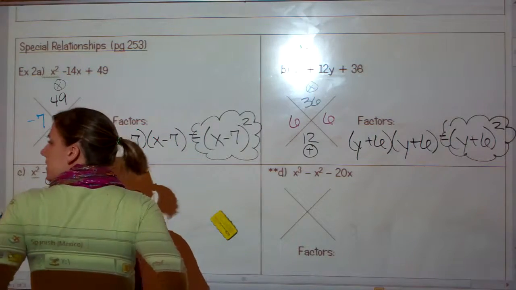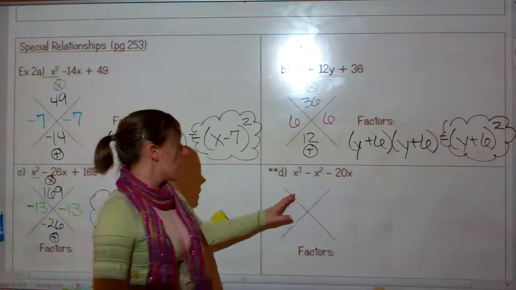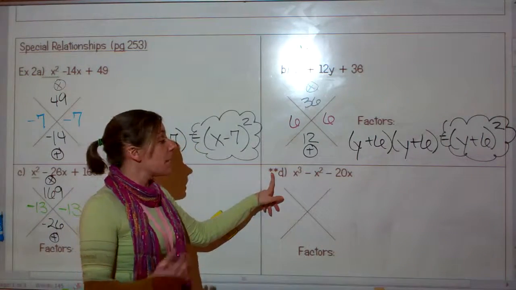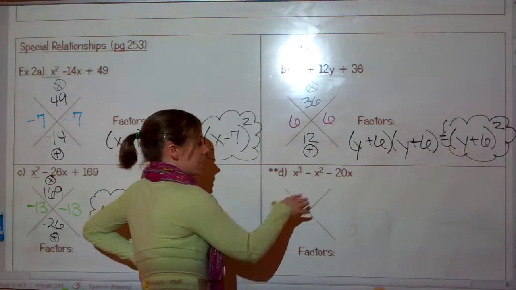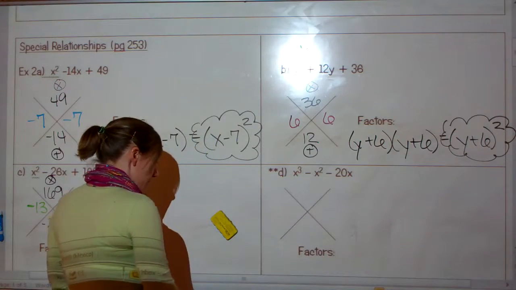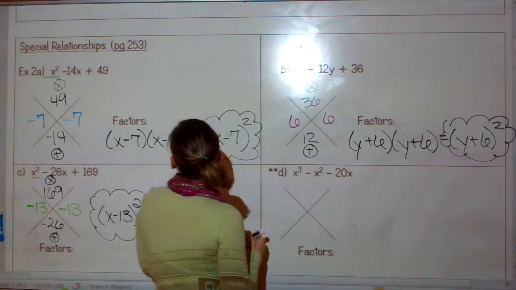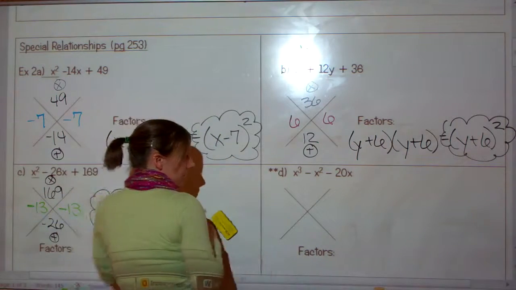Alright, then the last one. I put stars by it because you want to look carefully, and we're going to talk about this more in the next couple pages, but this actually has a GCF. If you notice, they all have an x with them, so the very first thing we want to do is divide that GCF out.